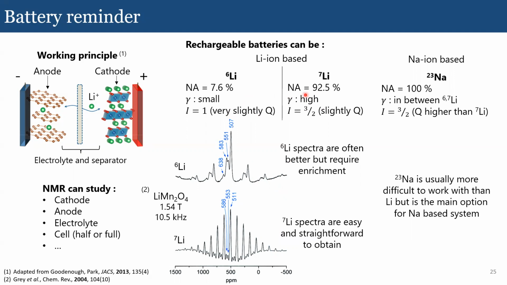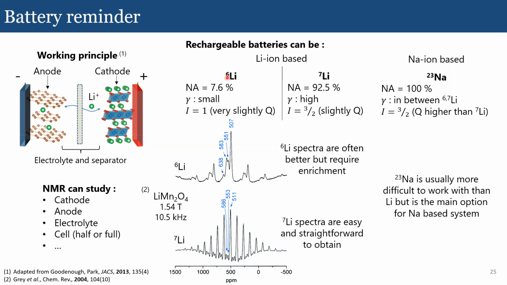If you look at the NMR parameters, just because of the high natural abundance and high gyromagnetic ratio, 7Li is pretty straightforward to record and gives you this type of spectrum. But if you look at the 6Li spectrum, you have a spectrum that is much less crowded, so it's often much more resolved.